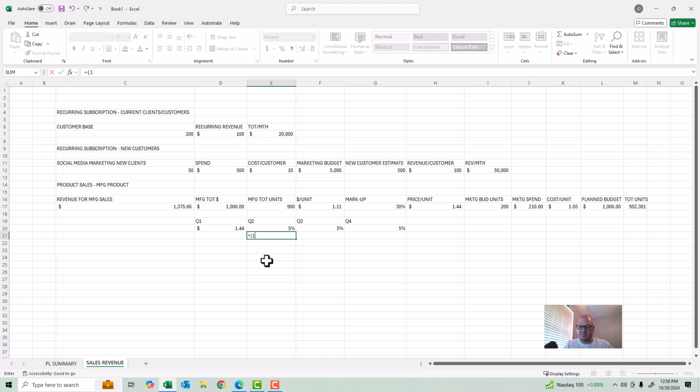equals 1 plus 5%. And the reason we do the 1 plus is because we want the original rate. That's what the 1 does. 1 plus 5%, so we're doing basically 105%. We want 1 plus 5. Okay, we're going to multiply that by our previous rate right there.